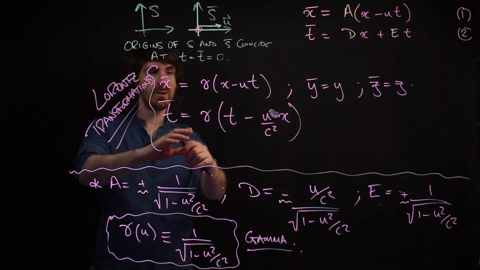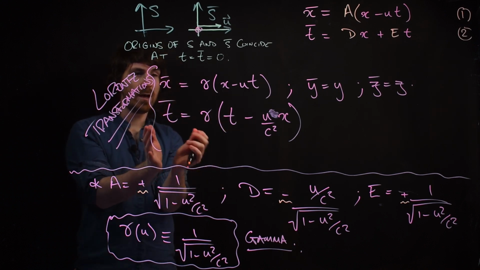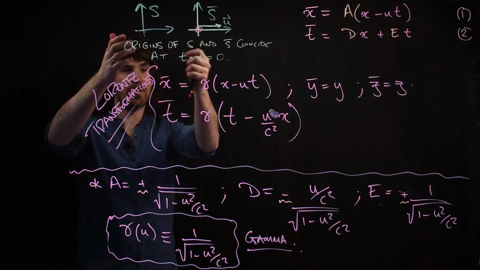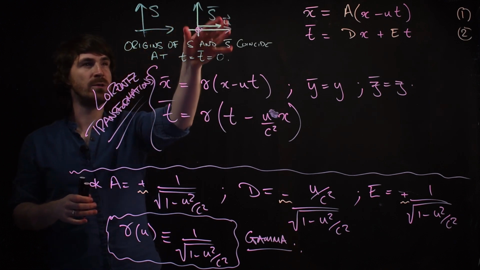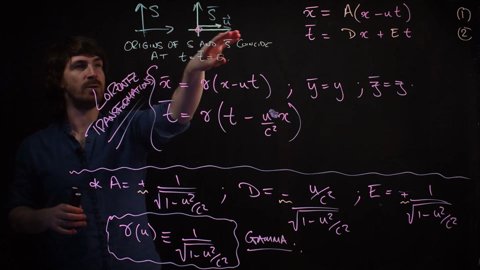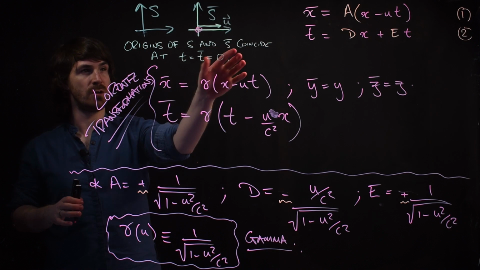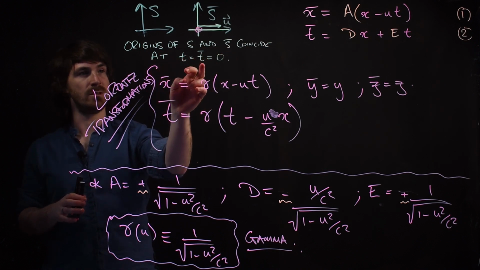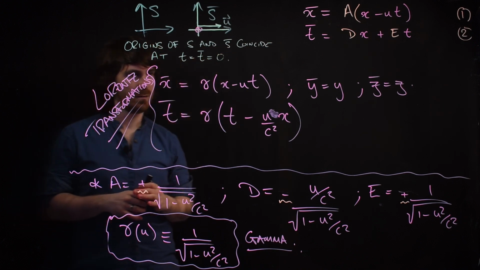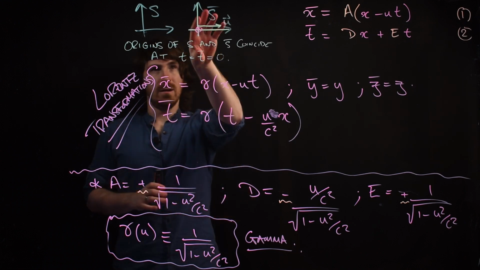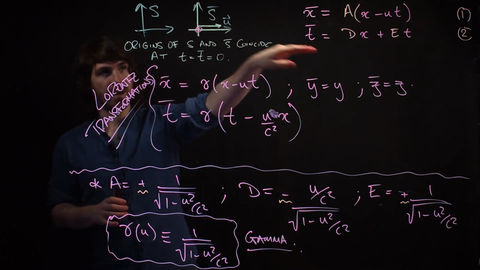Okay, and these are the transformations derived from the setup in which we had two frames. One was moving away from the other with velocity u, and their origins coincided at time t equals t bar equals 0. And the frame was moving away in the x direction.